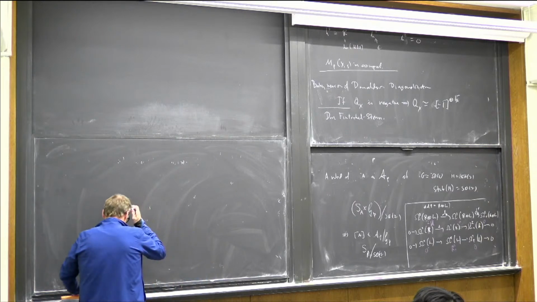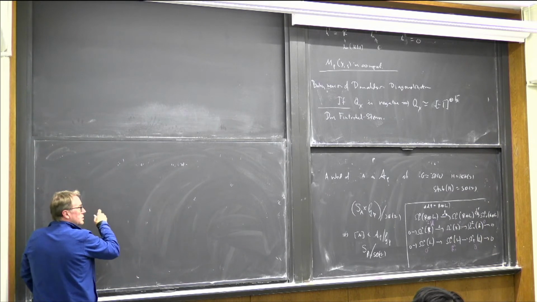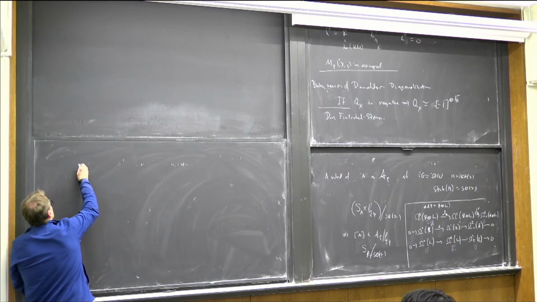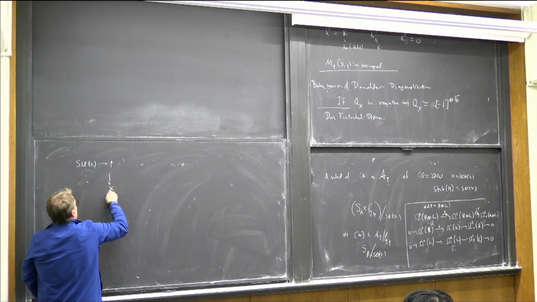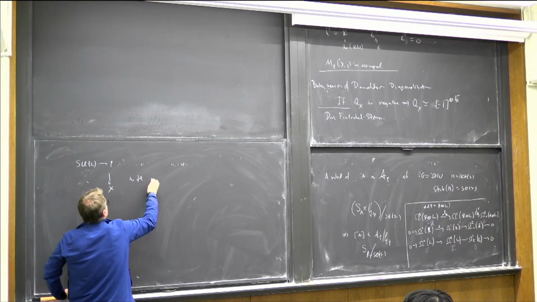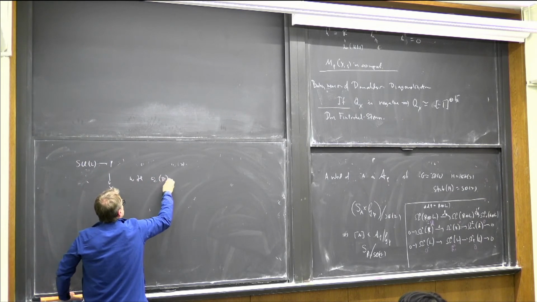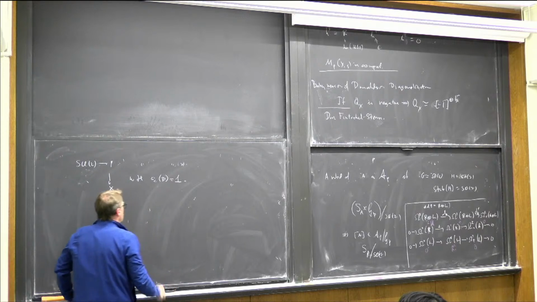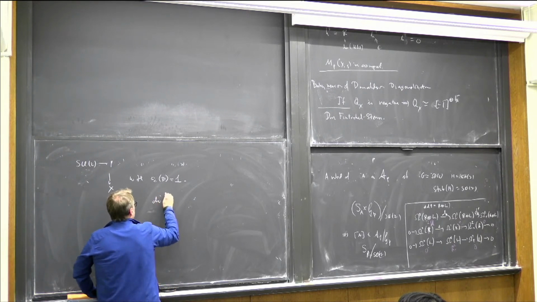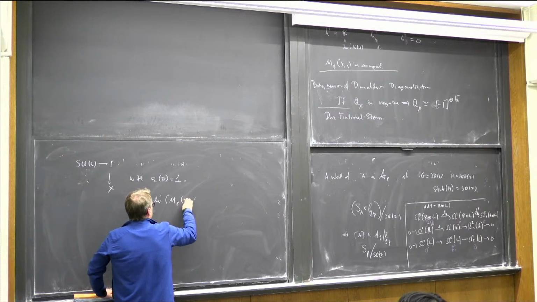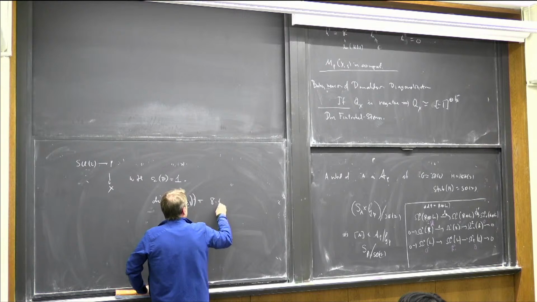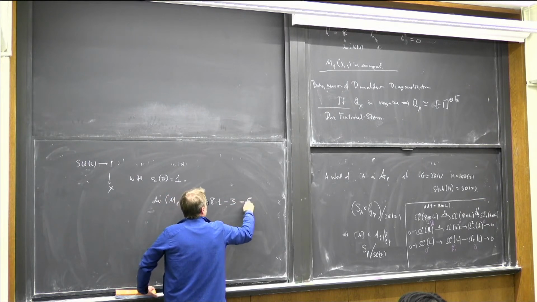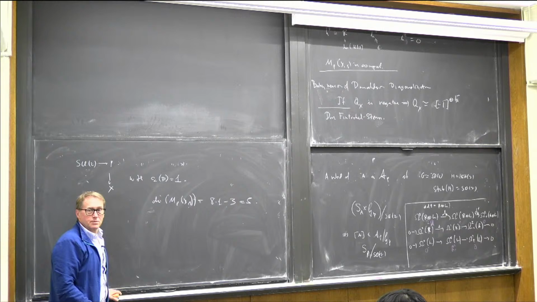What Donaldson did was he took an SU2 bundle over X with c2 of P equal to 1. So then the expected dimension of this moduli space is 8 times 1 minus 3, so 5. So it's a 5-dimensional moduli space.